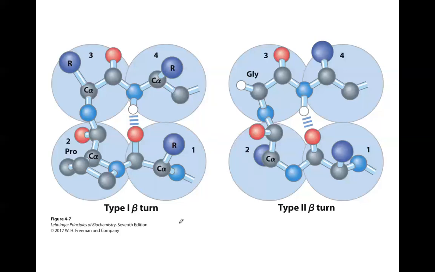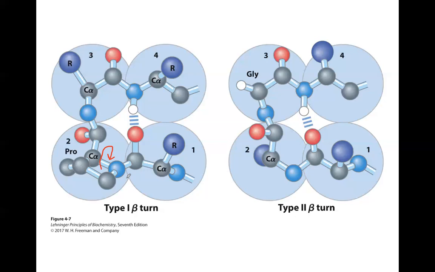So let's look at that. So here we're coming from our beta sheet into the beta turn. Okay, so this is amino acid 1, alpha carbon. That's the carbonyl of the amide bond. So let's say this is proline. Okay, so proline is in this position. And you can see what happens here: what's the dihedral angle between C alpha and nitrogen?